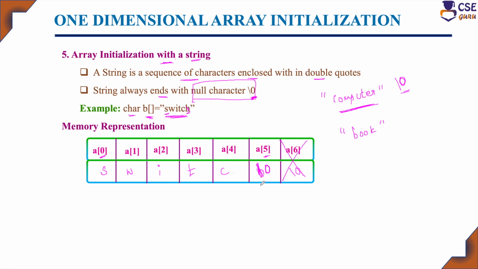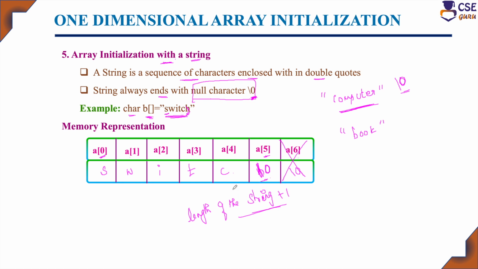So whenever you allocate the size, you have to allocate the length of the string plus 1 memory location. This is always required. Otherwise, it will truncate the last character and automatically store the null character.